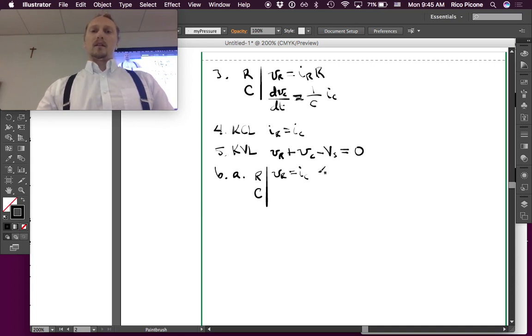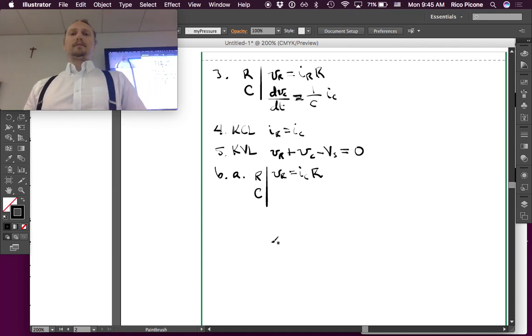IC times R. Can you say that IC is equal to C multiplied by dVC over dt?